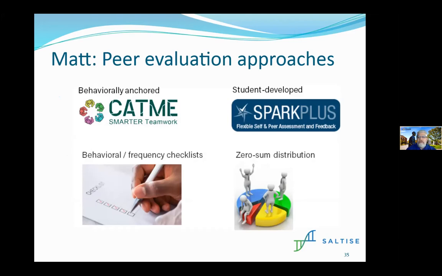Spark Plus has the disadvantage that there's no scientifically developed instrument. In fact, the instrument is developed by teams in partnership with the instructor, but that has the advantage of student agency, right? So especially for more mature teams, that might be a more effective solution, but you lose the ability to compare results and to do any research because the instruments will all be ad hoc.